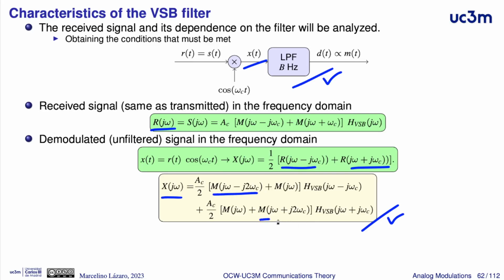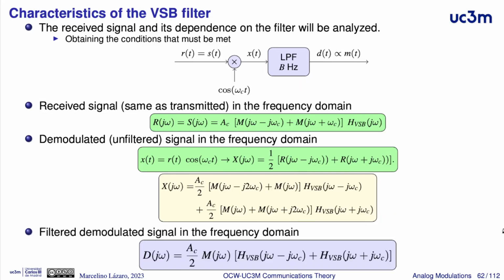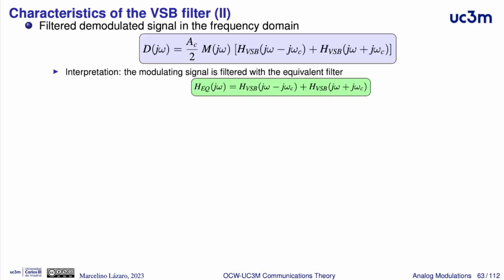These are these two terms that we have here. This will be eliminated after filtering, and here we have the final expression of the frequency response of the output of this receiver, just proportional to the spectrum of the modulating signal, which is what we want to recover, and then we have the addition here of two shifted replicas of the frequency response of the vestigial sideband filter.